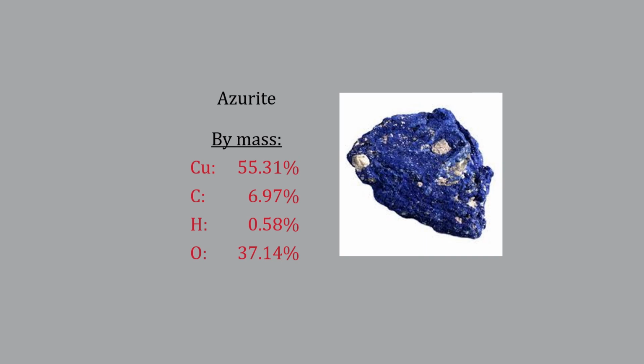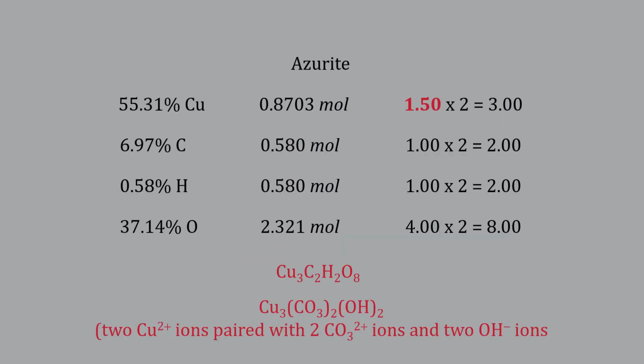So what do we got? Here's the answer. I'm just going to throw it out there. That ends up having a formula of Cu3C2H2O8. Now, going back to the last unit with naming, this is actually what it is. It is copper, 3 of them, 3 copper plus 2s.